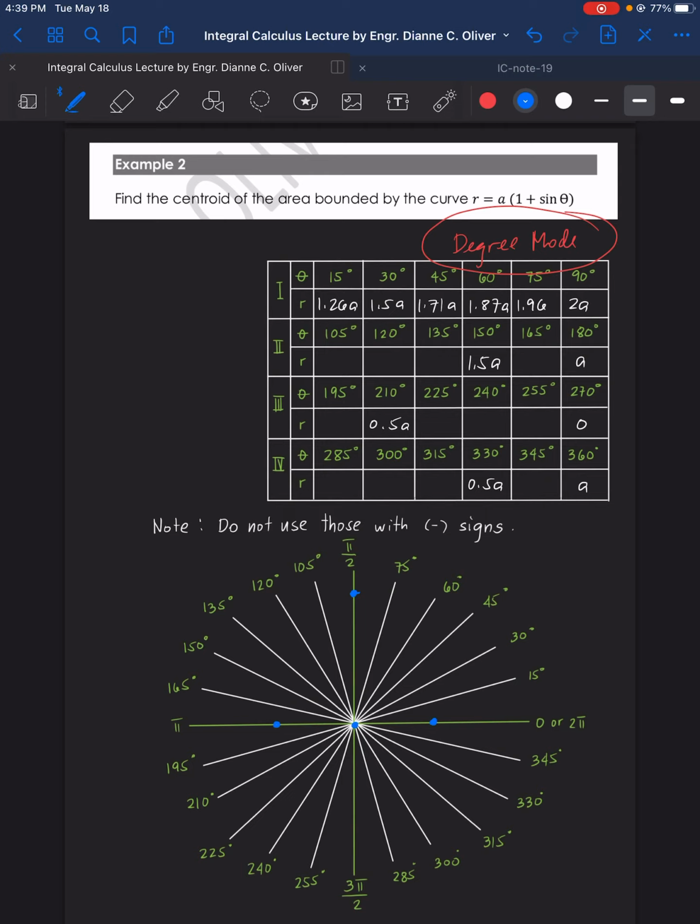At 30 degrees, we have 1.5a. Then 150 is 1.5a. Then we have 210 at 0.5a. We have 330 at 0.5a.